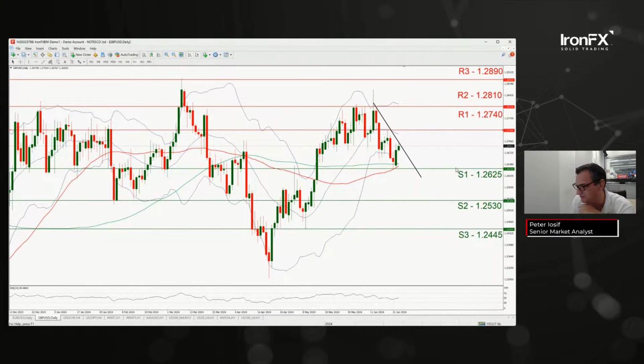So brace yourself, we may be seeing the price action breaking the pre-mentioned downward trend line, and should it remain within the corridor set between the R1 and the S1, then we would be talking about a sideways motion. Should the pair actually be able to breach the R1 and also reach at least the R2 1.2810, then we may be talking about an upward trend line.